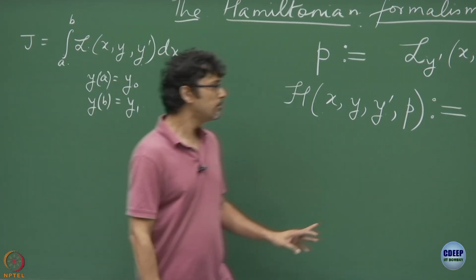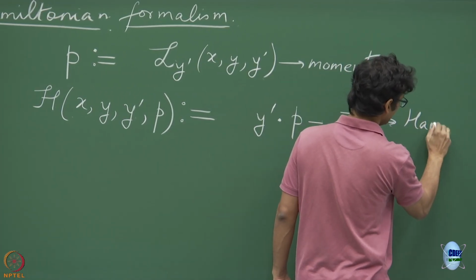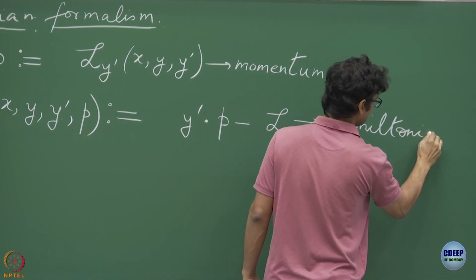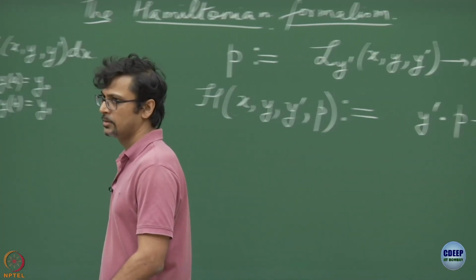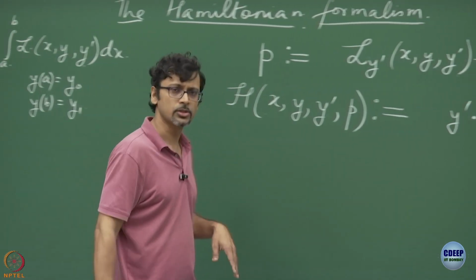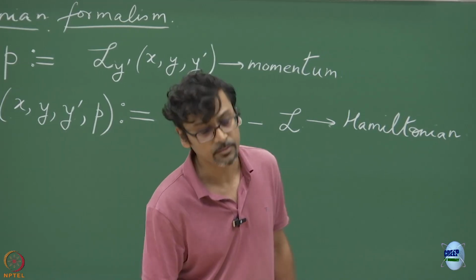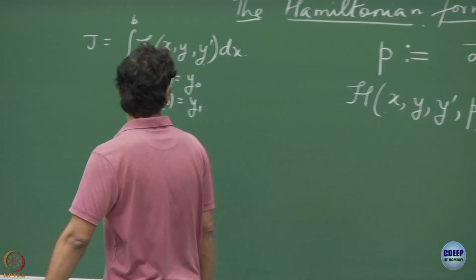This is just the definition, the setup. We haven't invoked any conditions on optimality yet. We know that a necessary condition for the optimality is given by the Euler-Lagrange equation, right?